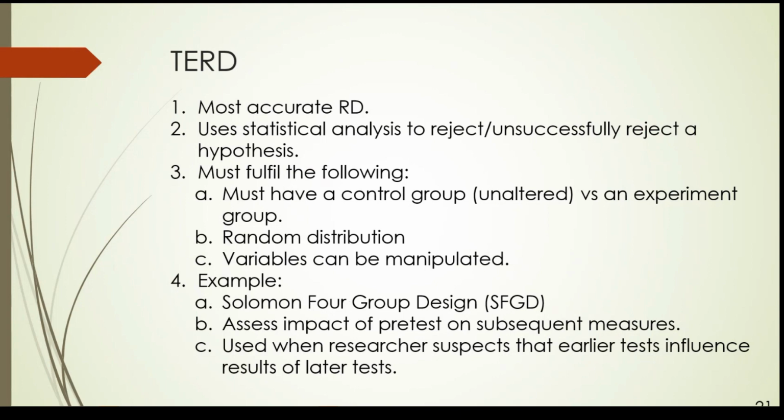Okay, you use Solomon 4 group design when you suspect that the experiment itself is causing bias, because when you do experiments, sometimes the participants know that it is a controlled environment, so the result may become affected by it already, right? So how do we get rid of this bias? So we can use Solomon 4 group design. But in that case, why don't we do Solomon 4 group design for everything? The answer is, yes, you can, but Solomon 4 group design is troublesome. You need more people, you need more time, you need more budget to do. So sometimes people will not do it because of the constraints.